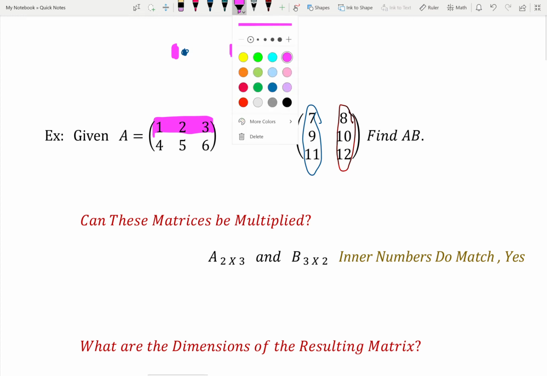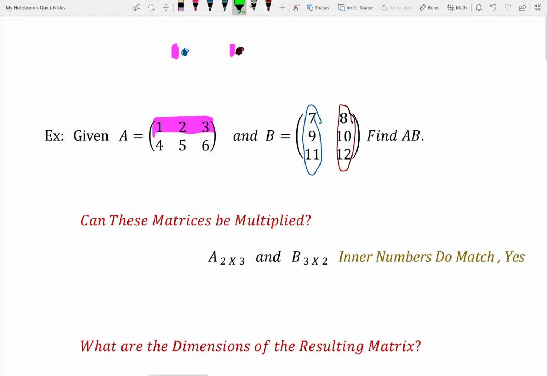And I'm going to continue in this pattern, where now I'm going to take row 2 of matrix A and multiply it with column 1 of matrix B, and I'll take row 2 of matrix A and multiply it by column 2 of matrix B. Then you'll get 4 different values, and those are the entries for your resulting matrix.